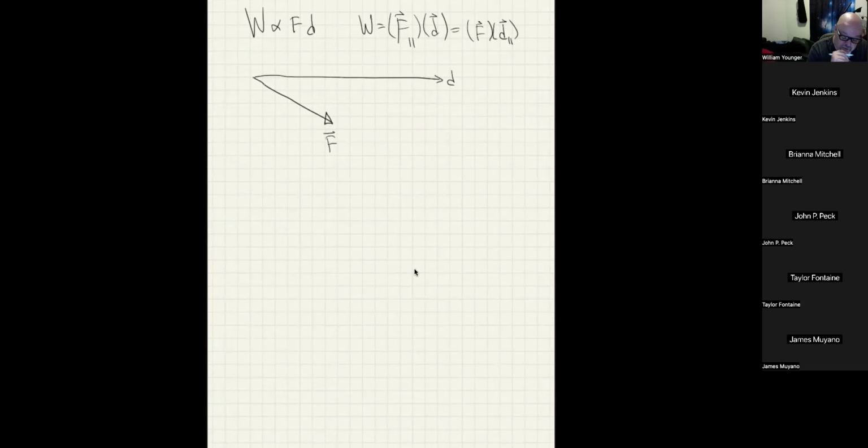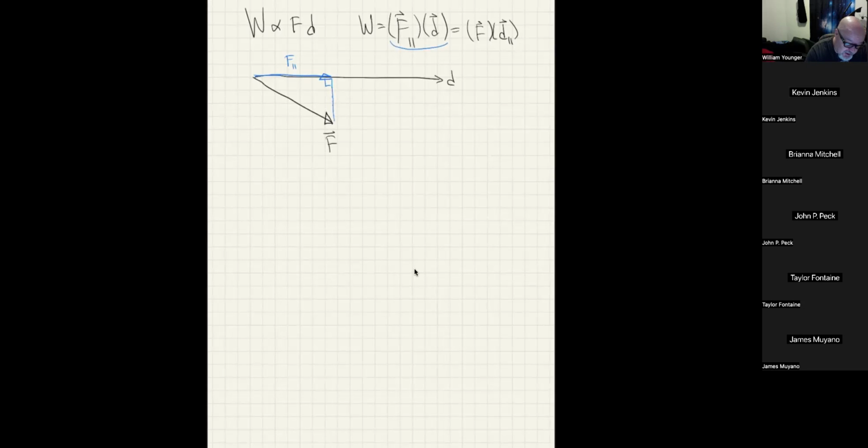Then there's a couple ways you could look at it. One, you might actually imagine dropping or raising a perpendicular line. Notice that that's perpendicular to D. Then what you get here is a component of F that is actually parallel to D. Okay, so that's what I mean by F parallel times D.